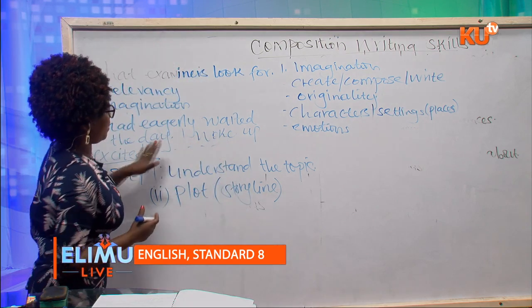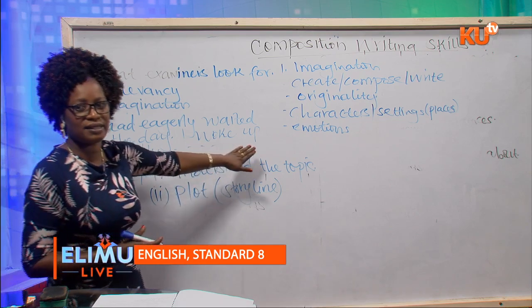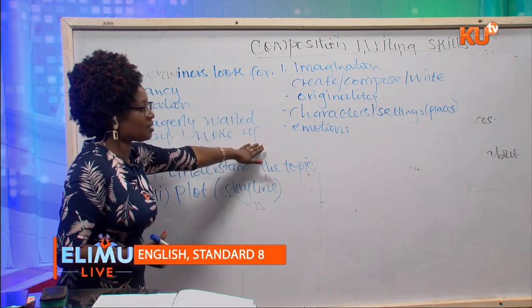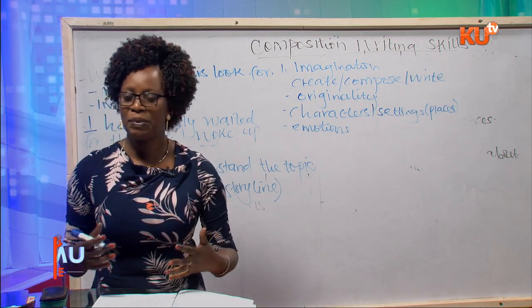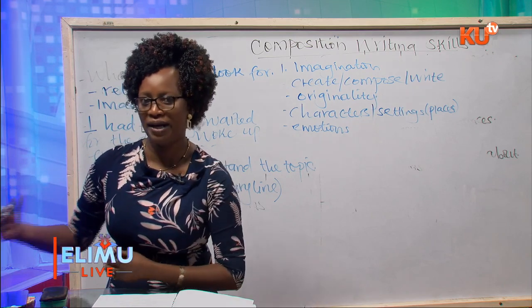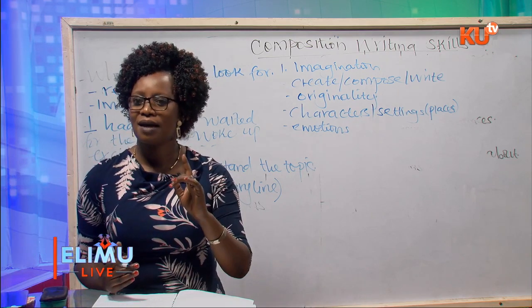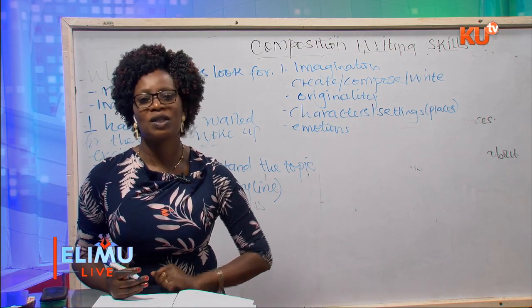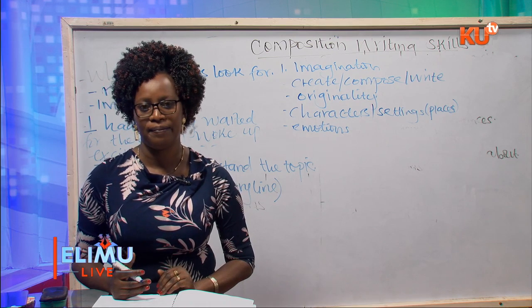I had eagerly waited for the day. I woke up excitedly. So I could decide, I'm talking about a wedding. Maybe my aunt's wedding, my mother's best friend's wedding. So that is my plot. Create a plot. Don't start writing until you create your storyline.